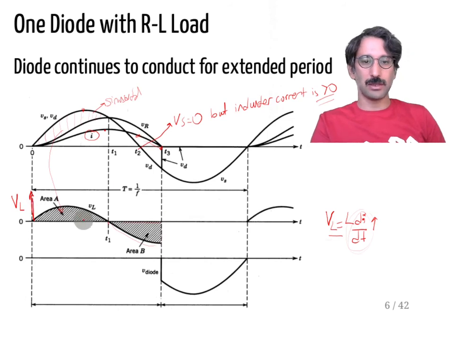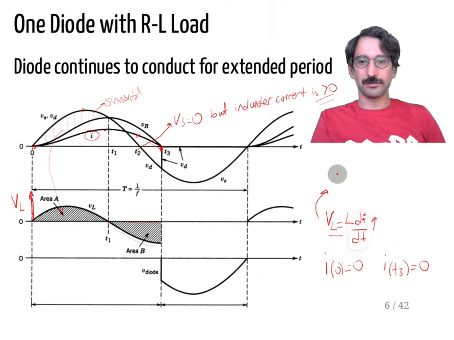So if you remember the voltage-seconds balance from last week's lectures, if this is a steady state, so steady state means I at 0 is equal to 0, and I at T3 is equal to 0. So it started at the same point and it ends at the same point. So I can write I at t3 is equal to 1 over L integral 0 to t3 VL dt plus I at 0.